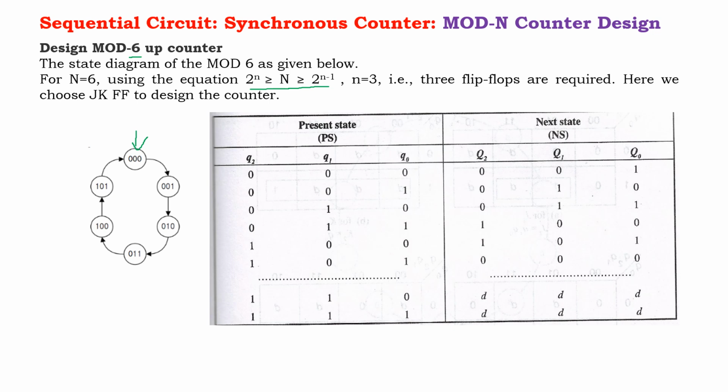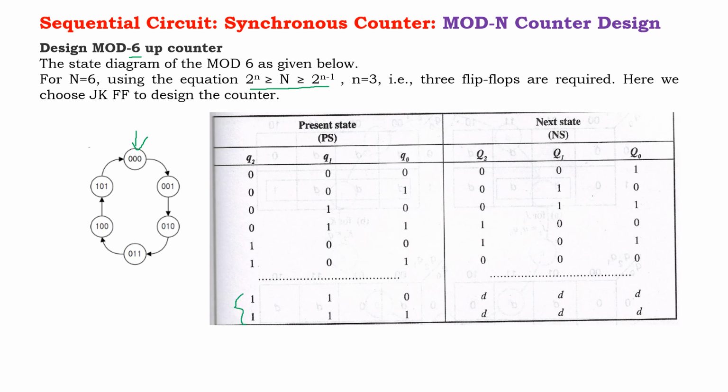In the state table, the present state 0, 0, 0 has next state 0, 0, 1 according to this state diagram. Then 1 is the present state, so the next state is 2. If 2 is the present state, then 3 is the next state. If we come to 3, then 4 is the next state. 4 is the present state, then 5 is the next state. Now 5 is the present state, then 0 will be the next state, because from 5 it goes again to 0.